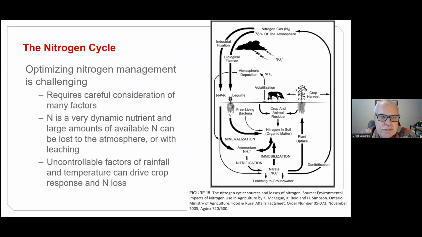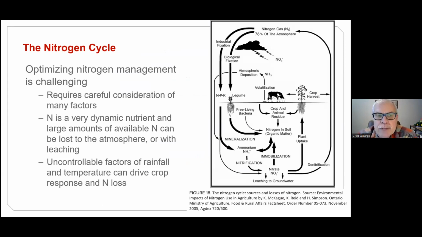When we talk about the nitrogen cycle, or nitrogen management overall, it's a challenging nutrient. We can talk about optimizing in a couple of different ways. We can talk about it from the standpoint of the economic cost of that nutrient and the amount of nutrient that we apply getting into the plant.